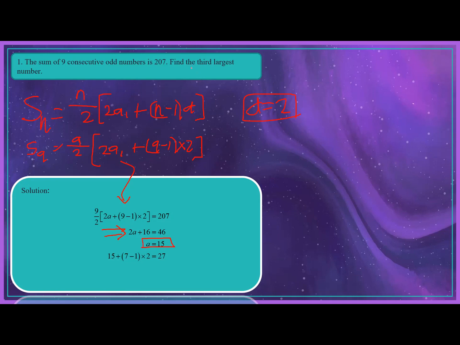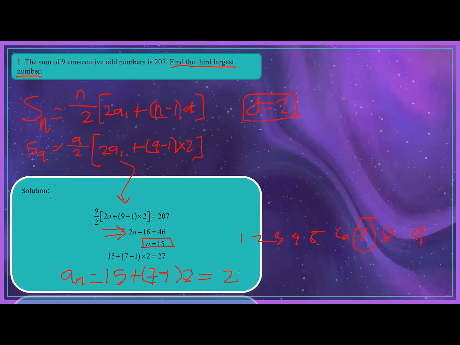Now, we need to find the third largest number. So since we have 9 terms, 1, 2, 3, 4, 5, 6, 7, 8, 9, our third largest number would be the seventh term, right? So we have a sub n would be 15 plus 7 minus 1 times d, where d is equal to 2.